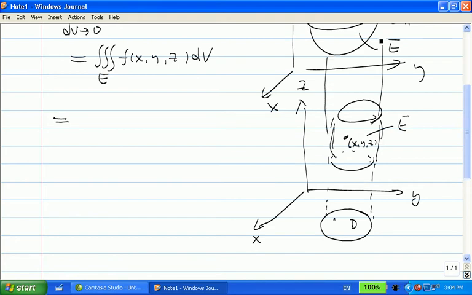Anything in this tube has its xy coordinates falling into D. So pick any point in this region and see what the restriction for z is.